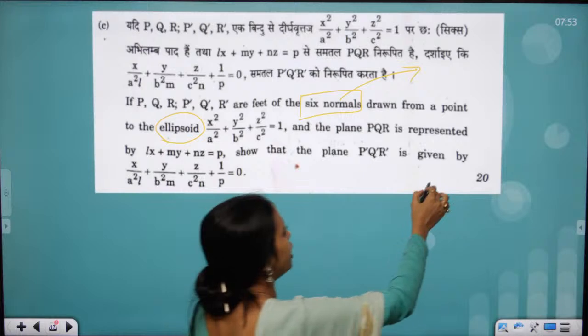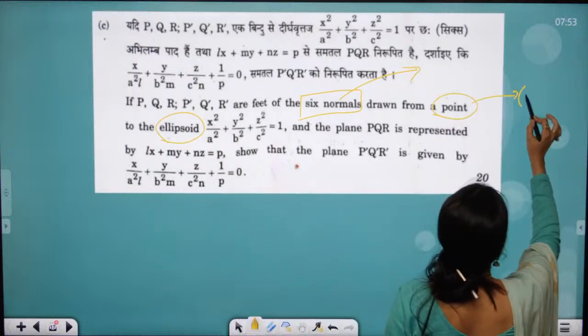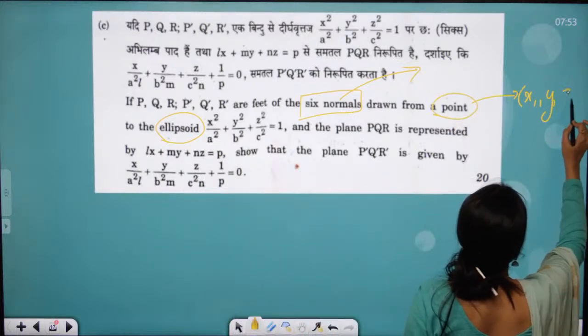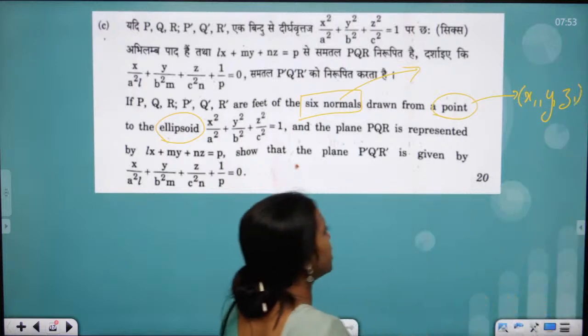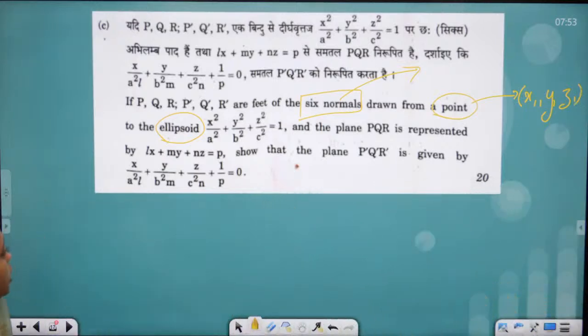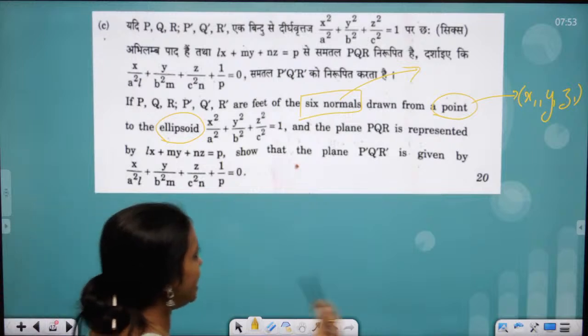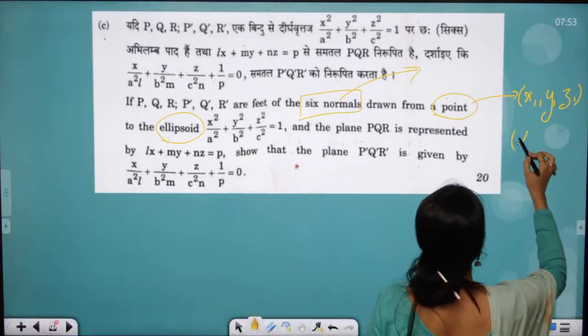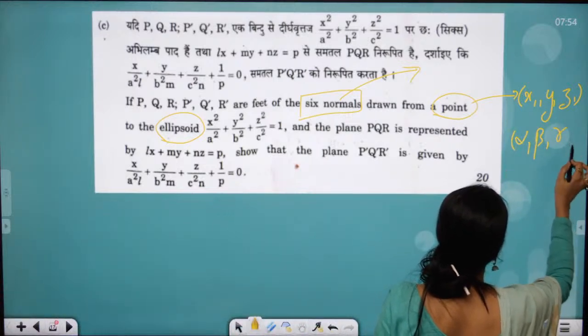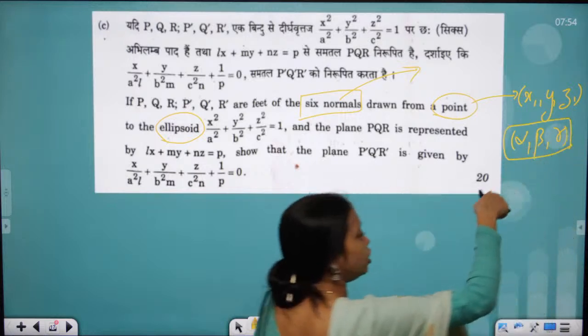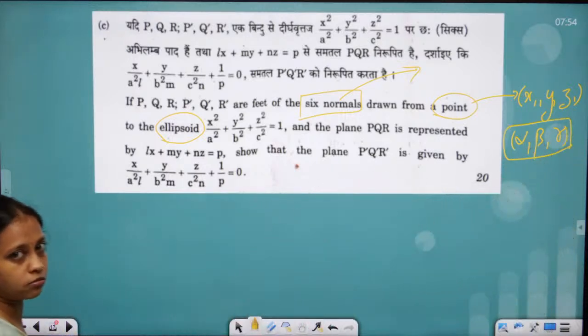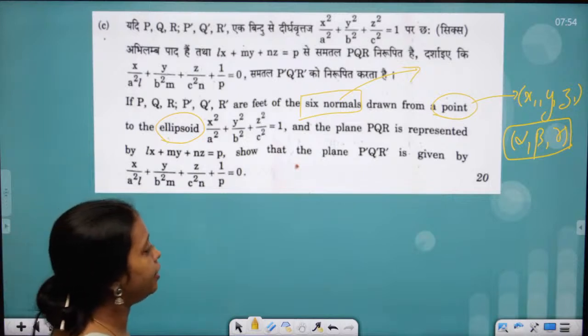So let that point be x1, y1, z1, right, and 6 normals. Okay, so let the feet of the normals be alpha, beta, gamma. So you need 6 values of this alpha, beta, gamma, right.